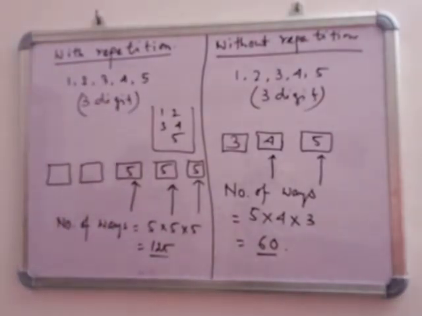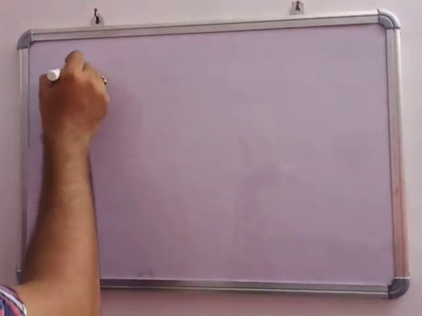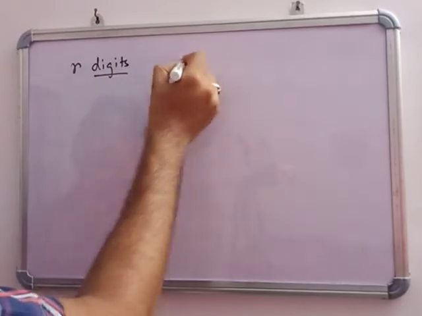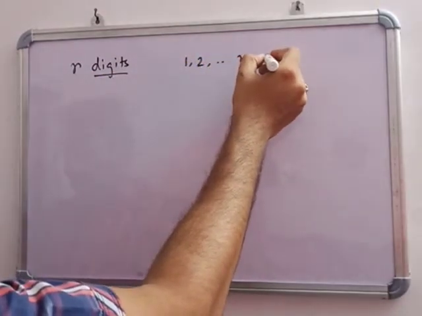Now, for the theory part, you can check it. For the theory part, without repetition, suppose r digits are there, and 1, 2, 3 up to n numbers are there.